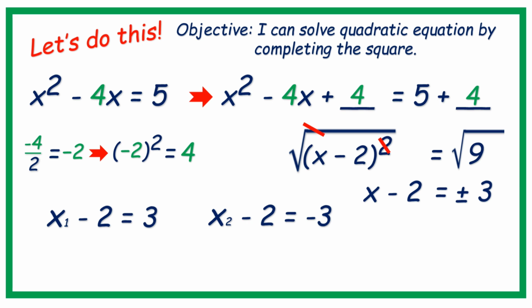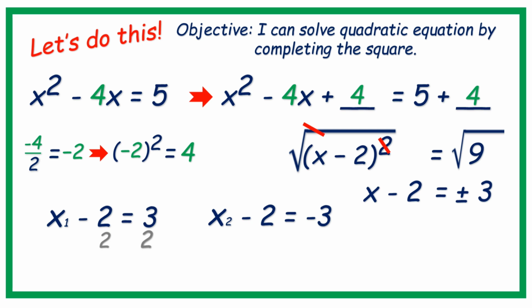Then basic computation. To isolate the variable x, we need to remove any number near the variable. So we have to remove negative 2. How are we going to do that? By adding 2. Again, when you add 2 on the right side, also add 2 on the left side, or vice versa.